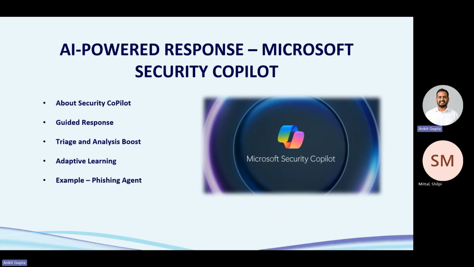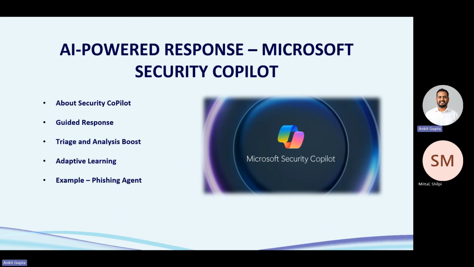Microsoft Security Copilot brings AI directly into the SOC as an expert assistant you can interact with in plain English. It combines GPT-4 with Microsoft's security intelligence to provide context, analysis, and guided actions. It's like having a seasoned responder ensuring no step is missed, particularly valuable for less experienced analysts.